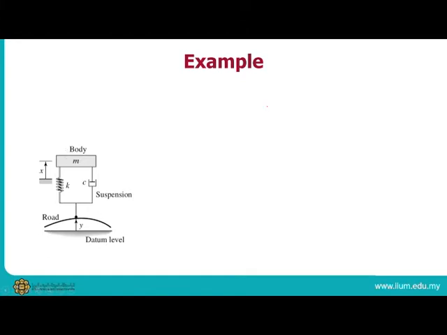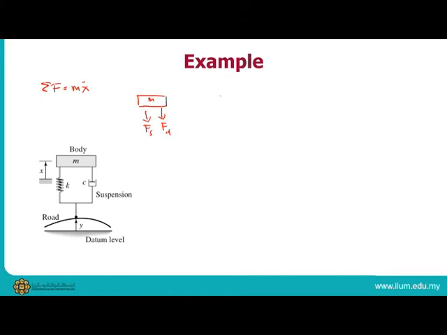When you draw a free body diagram as before, the M is here with the force for the damper and the force for the spring. So when you do the calculation, the summation of forces equals m x double dot, because the movement of the body is considered as x.